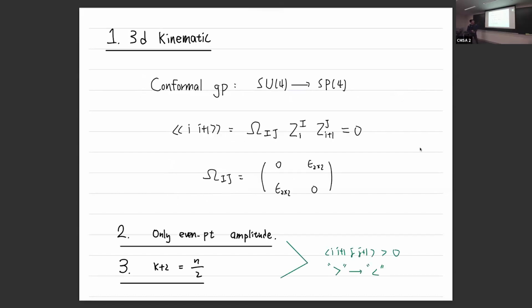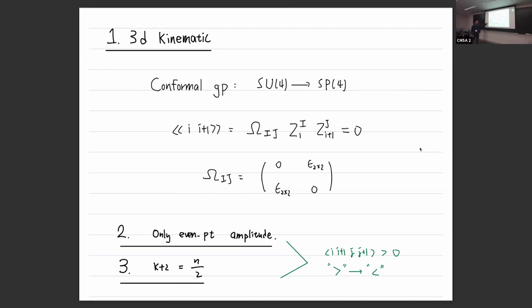The first, 3D kinematics, is relatively easy. We just use the conformal SU(4) breaking down to Sp(4) when going from 4 dimensions to 3 dimensions.